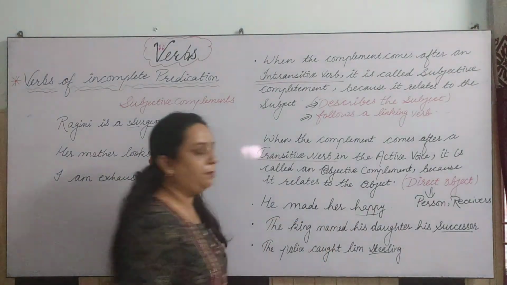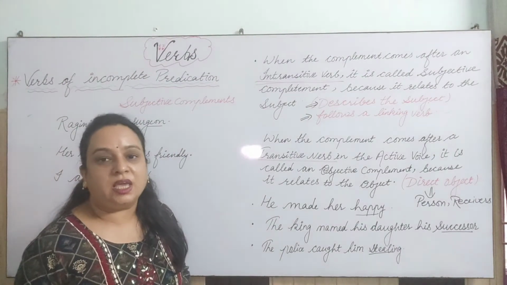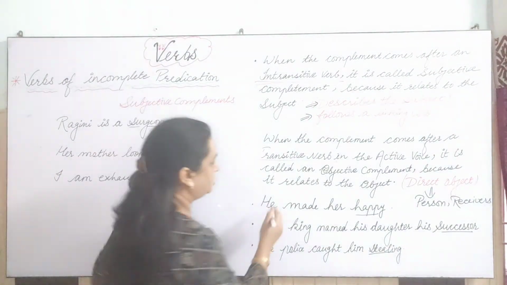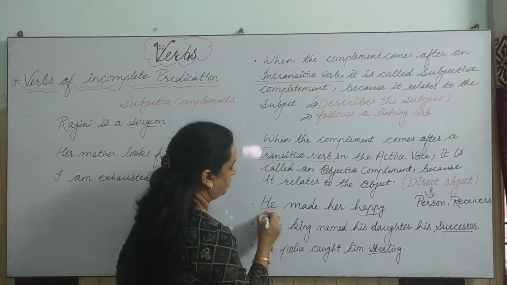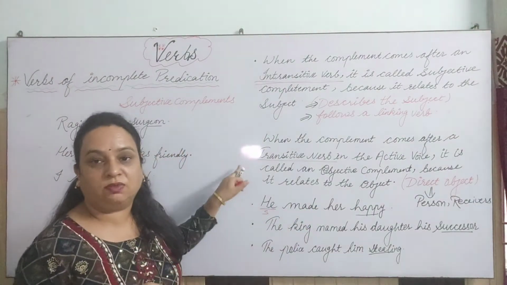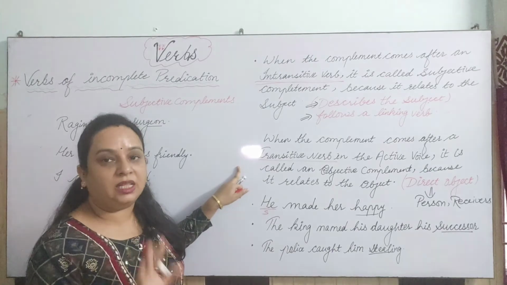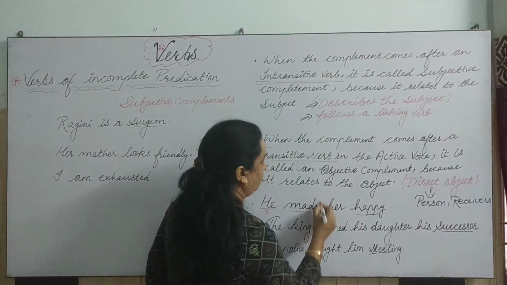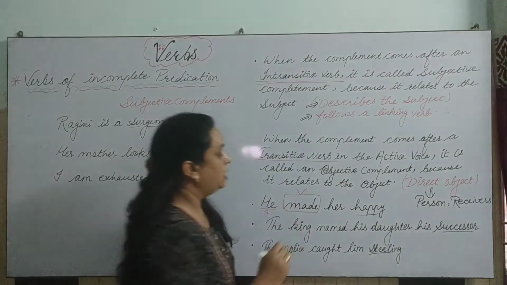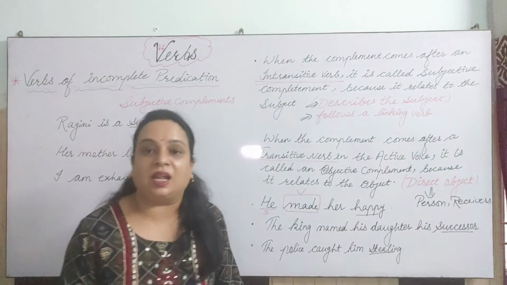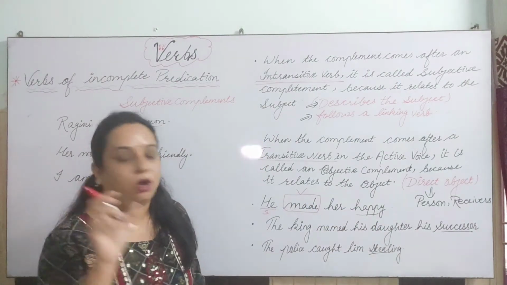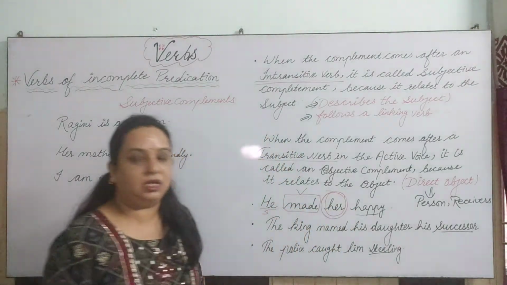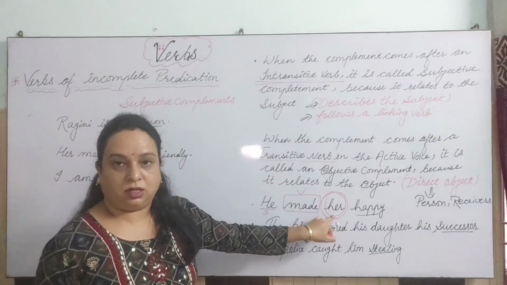He made her happy. Here in this sentence, what is the verb we have to find, and what is the subject? This is the subject, right? But the objective complement will not tell anything about the subject. So made is the verb here, right? Her happy. What is the direct object here? This word her is the direct object here, right?